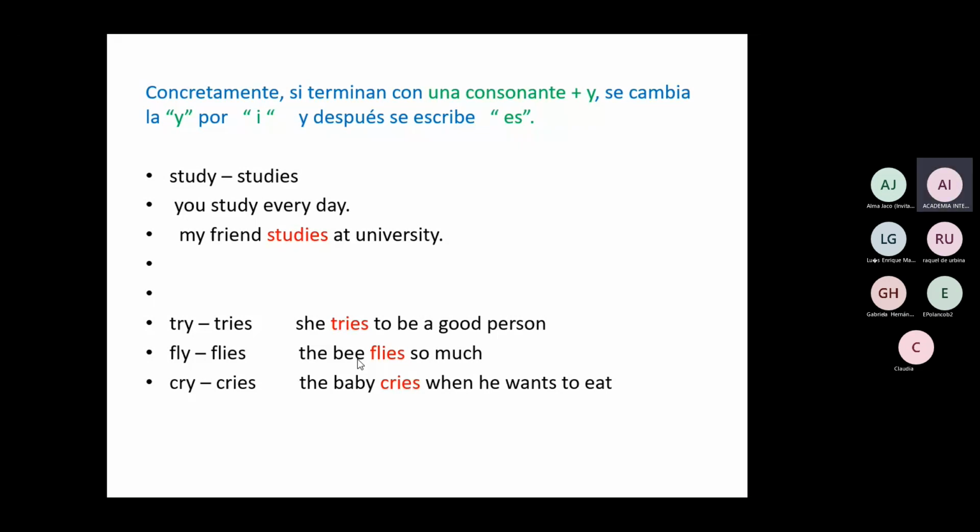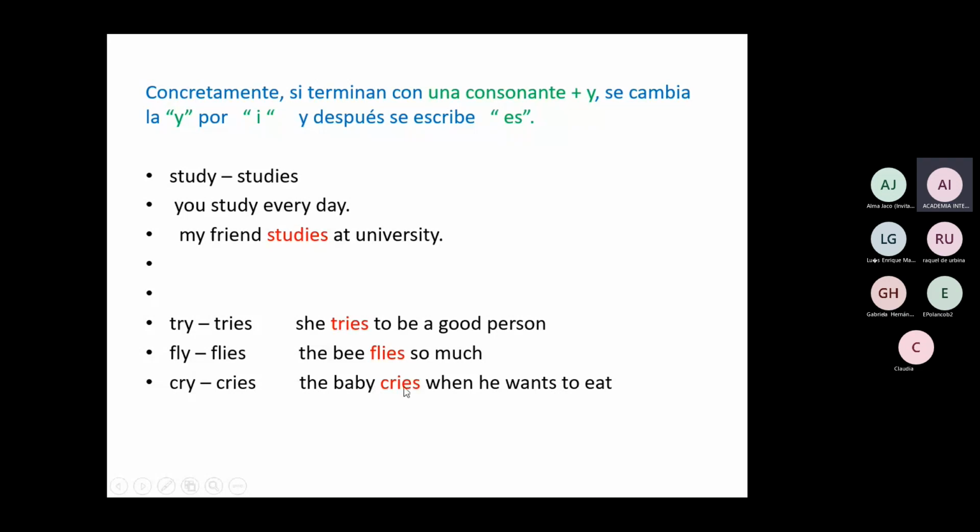Okay, can somebody else help me out reading the last example? Cries. The baby cries when he wants to eat. Yeah, that's good. Thank you. The baby cries when he wants to eat. Even this verb contains the letter S because I continue talking about him. Siempre continúo hablando de él, ¿verdad?